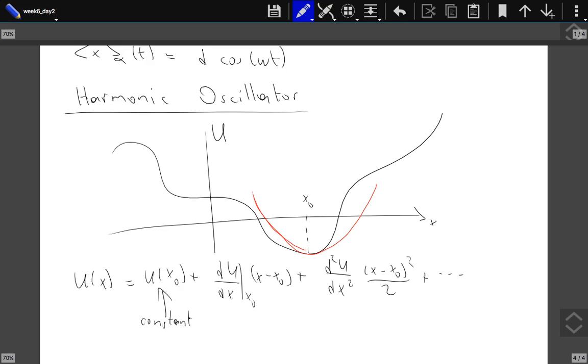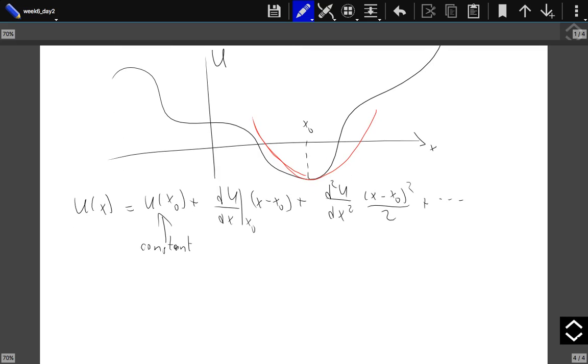You can just choose your potential, shift your potential energy by any constant you like. I can just shift it such that that becomes 0. The first derivative is 0 in the minimum, since x0 is an extremum.